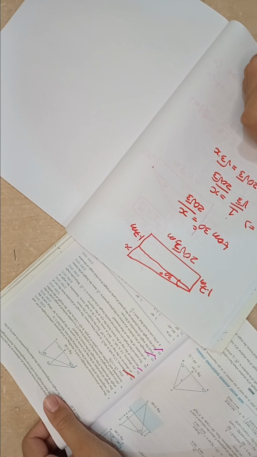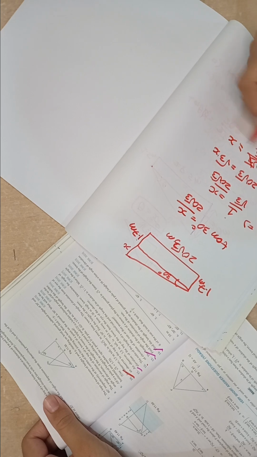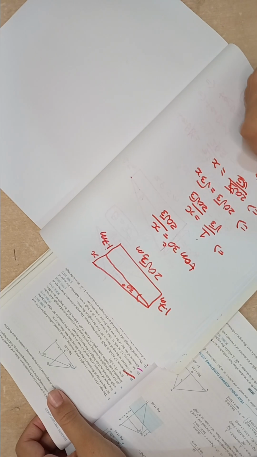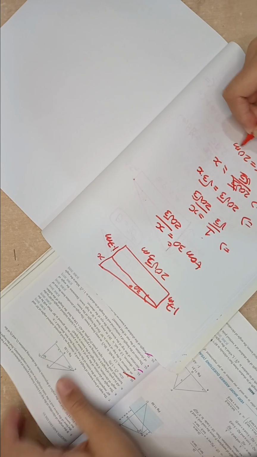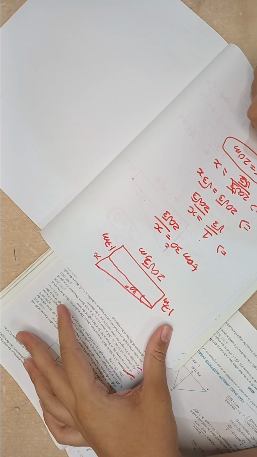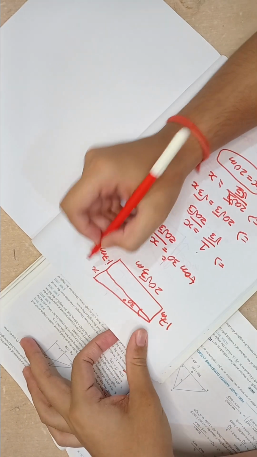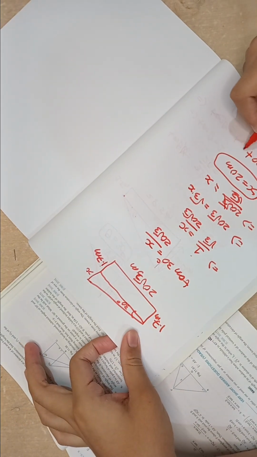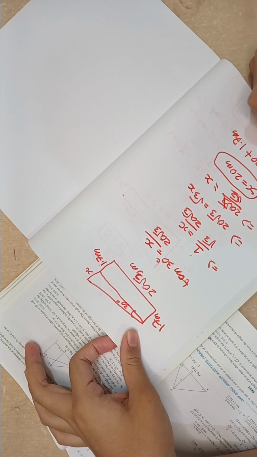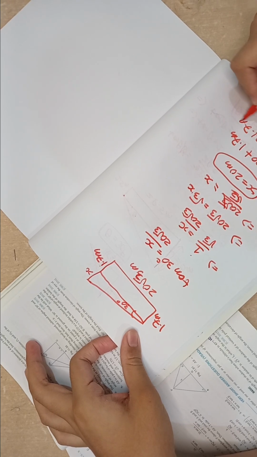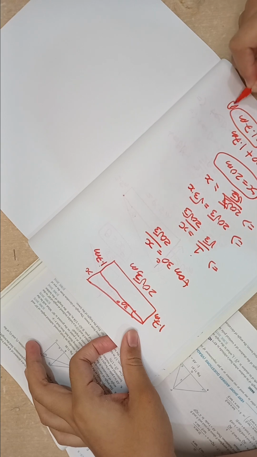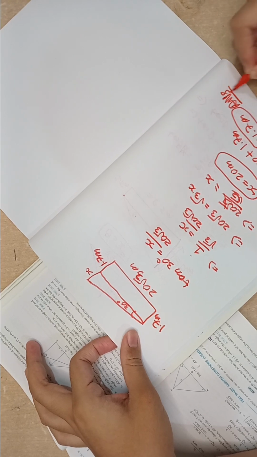Now 20 root 3 by root 3 is equal to x. We got x equal to 20 meters. Now the total height will be 20 plus 1.7 meters, which is equal to 21.7 meters, and this is the answer.